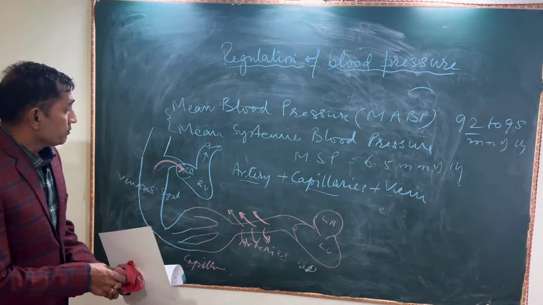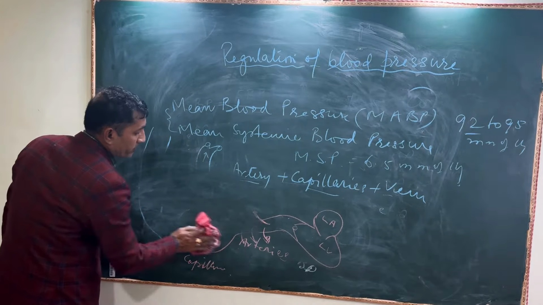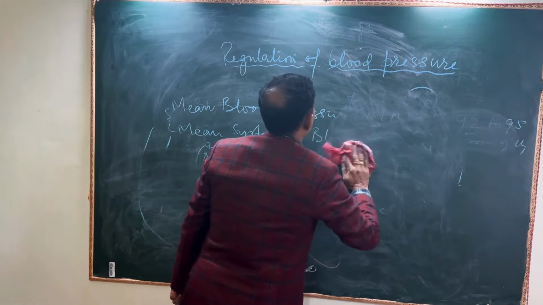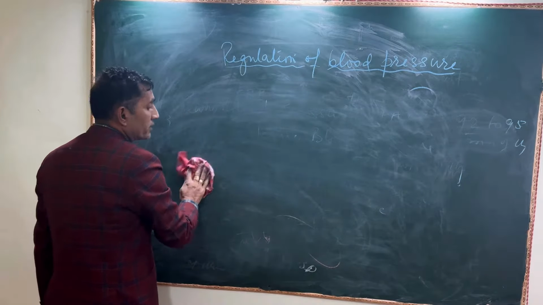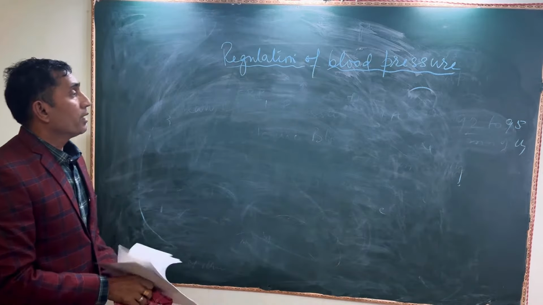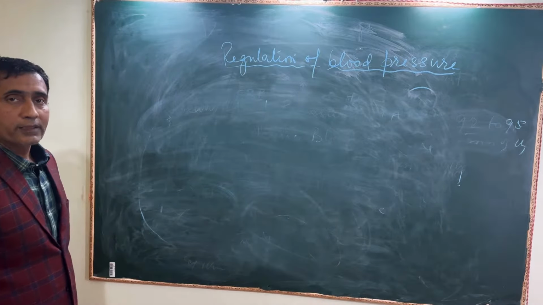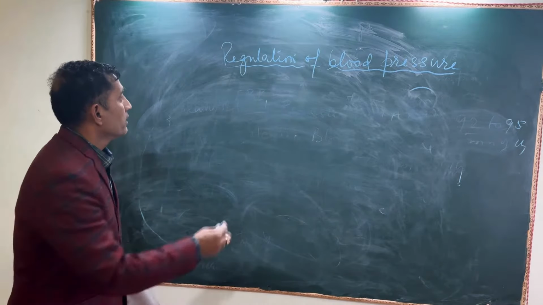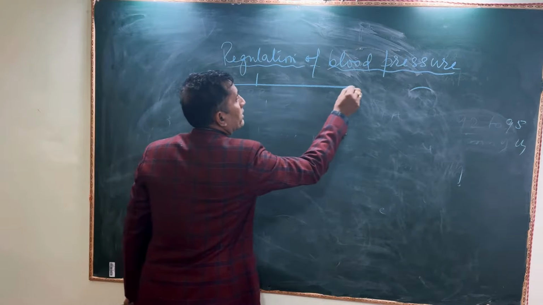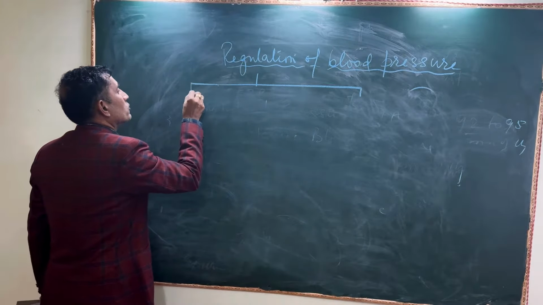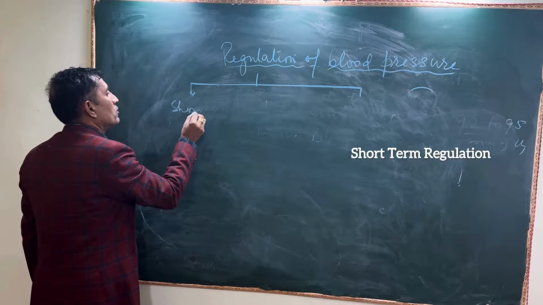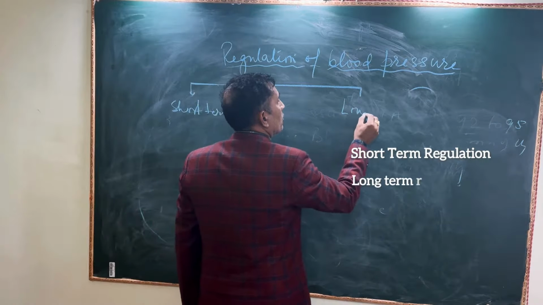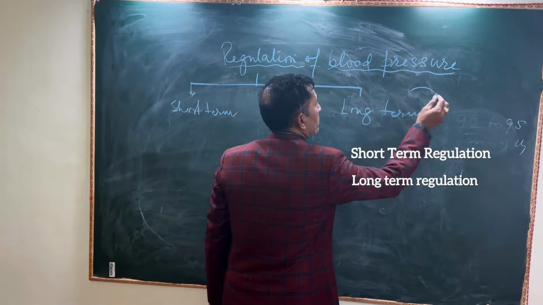Now coming to the blood pressure regulation. How is the blood pressure regulated? I have given you just a little introductory part about systolic blood pressure, diastolic blood pressure and the mean blood pressure. How is it regulated? Now regulation, if we talk about, there is short-term regulation and long-term regulation.